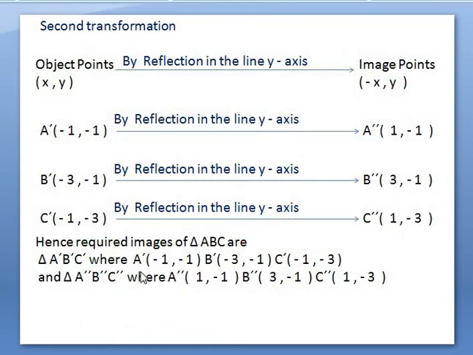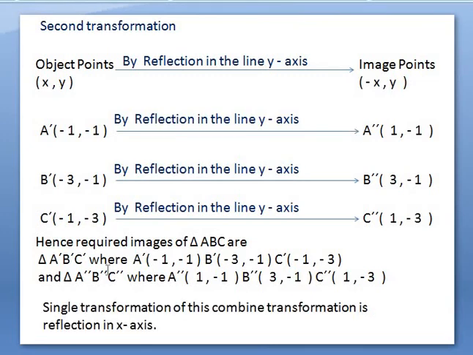Now we have to write the final answer, that is, the single transformation equivalent to these combined transformations. The single transformation is reflection about the x-axis, or the line y = 0. This completes the solution of the first question.